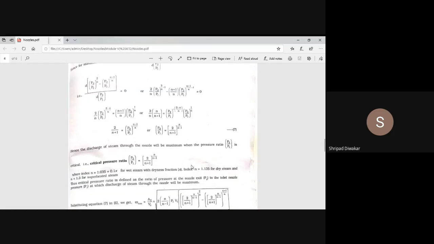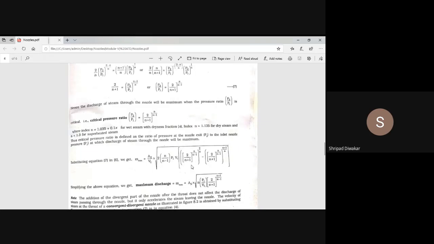Meantime, we derived the expression for maximum discharge, that is nothing but m equals A2 into C2. And finally, we derived the expression for the maximum velocity, the condition for maximum velocity in the nozzle.